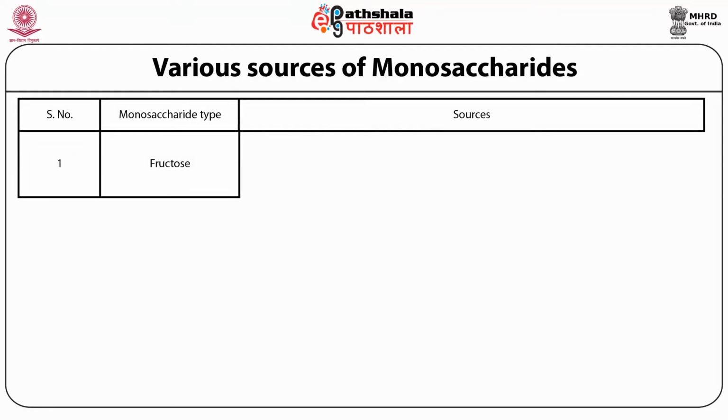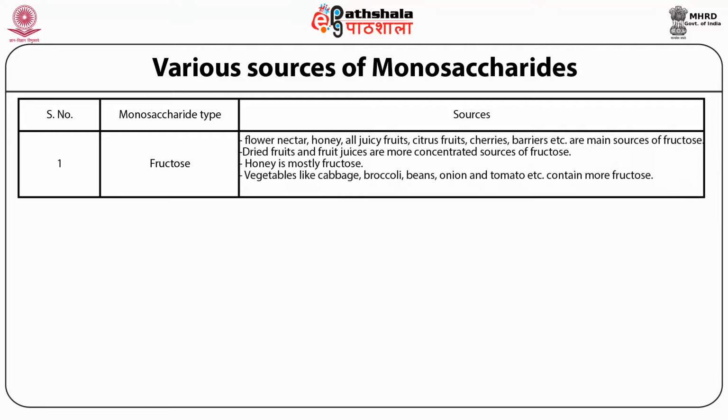First is fructose. Fructose, as the term suggests, is from the fruits. So the main sources of fructose are flower nectars, honey, all juicy fruits, citrus fruits, cherries, berries, etc. And dry fruits also contain fructose, and they are present in dry fruits in concentrated amount.